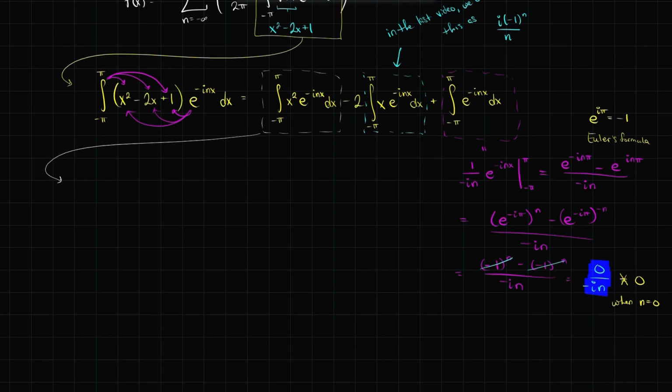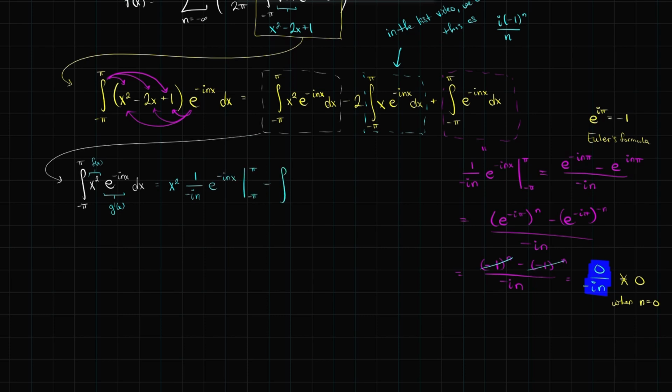So this integral, we're going to have to go through a little bit of integration by parts for, because I have an x squared against e to the i n x dx. In integration by parts, I always want to choose this as g prime, which means I'm going to choose this as f, and that's going to give me f times g, the antiderivative of that complex exponential, evaluated at the bounds.